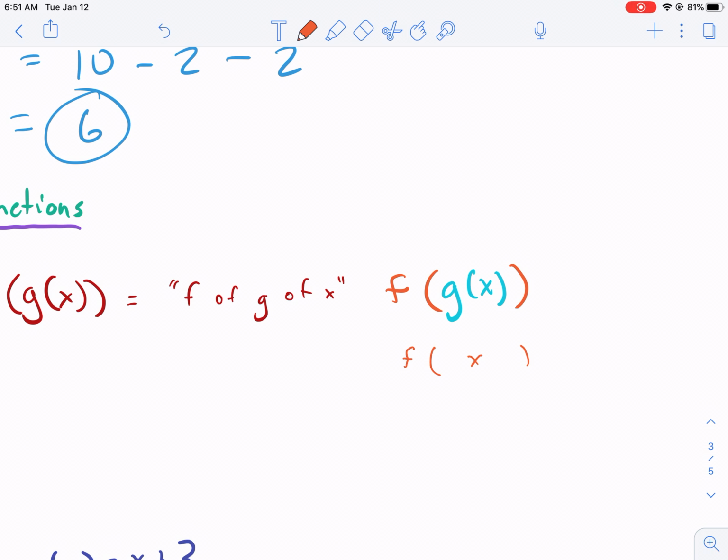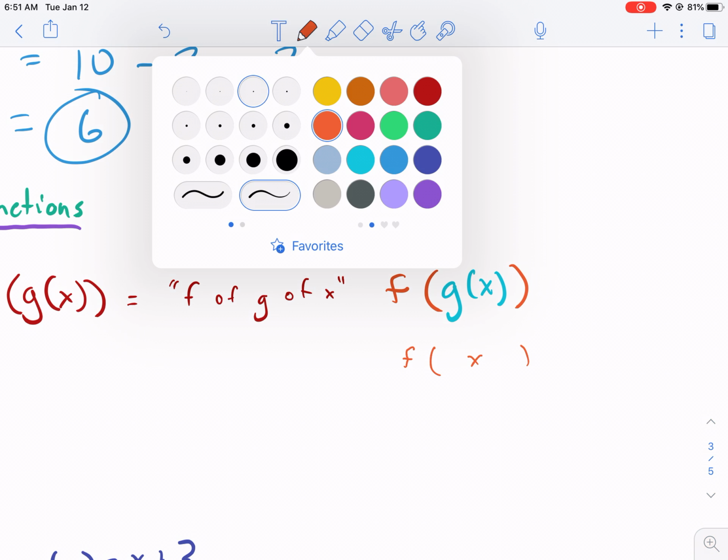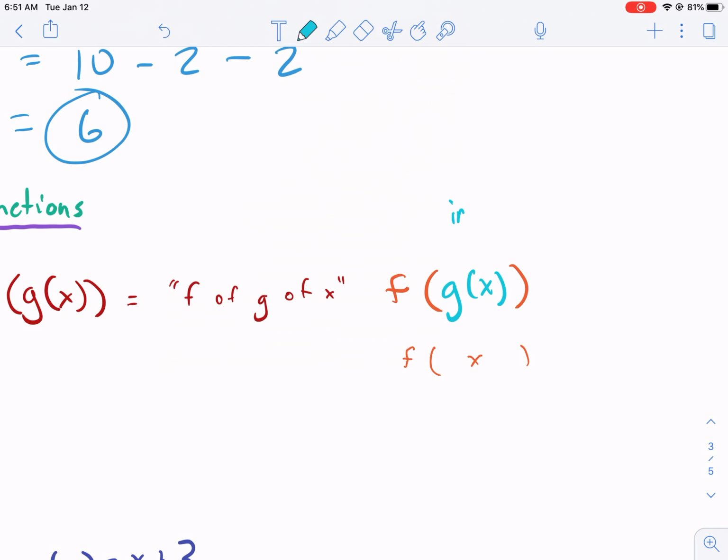What does this mean? Well, this means we have an inner function, and then we also have an outer function. So this is our outer function. This is clearly our inner function.